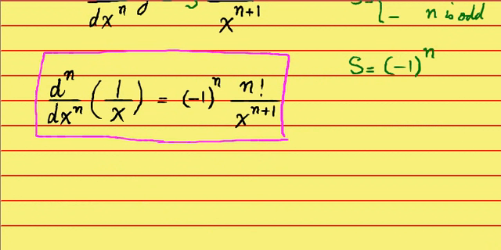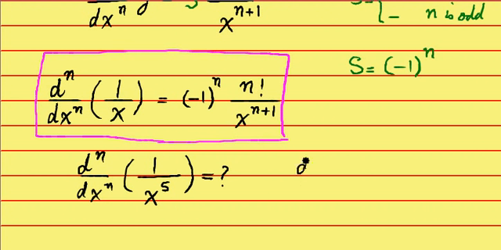Those of you interested, I'll recommend that you try to do the following. Try to find out the nth derivative of, say, 1 over x to power of 5, or some power. See what happens. Or try to find the nth derivative of other functions.